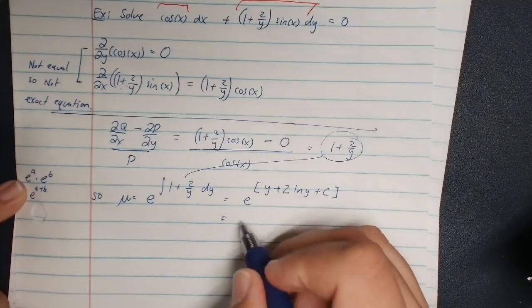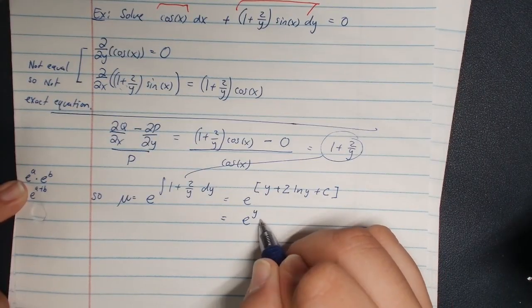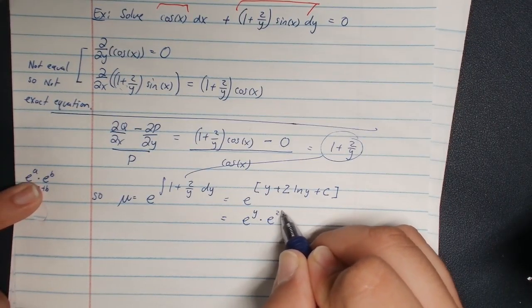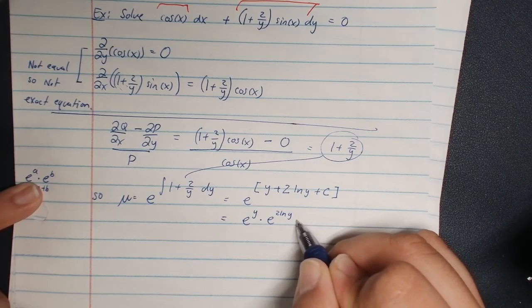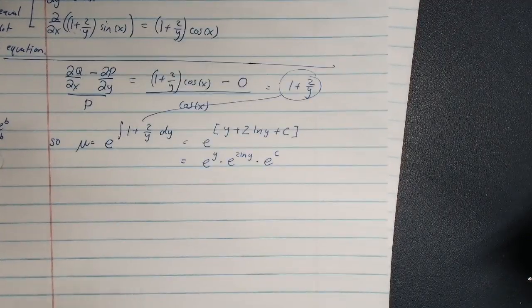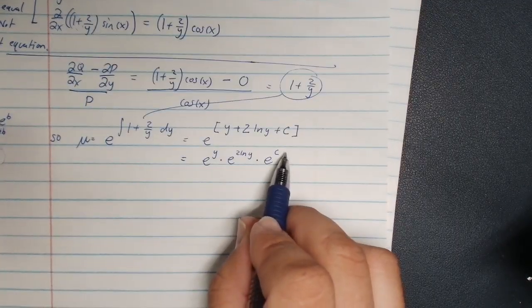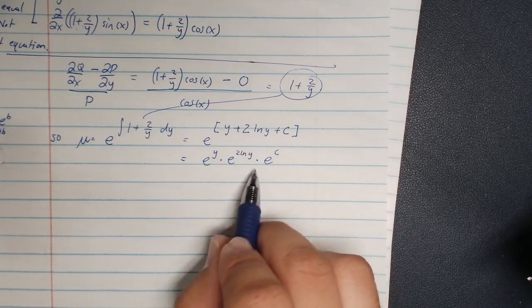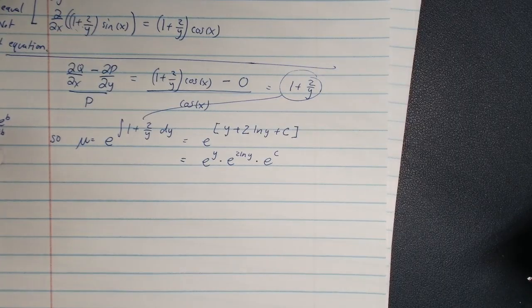So this is e to the y times e to the 2 natural log of y times e to a constant. Now, e to a constant is itself just a constant. e to the first power, e to the second, e to the fifth, e to the 90th, whatever, that's just a constant.